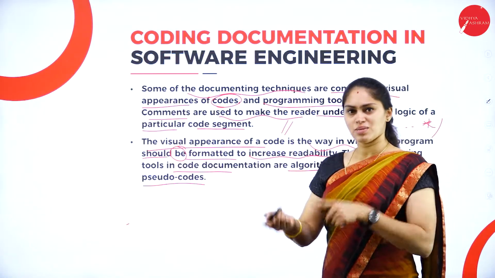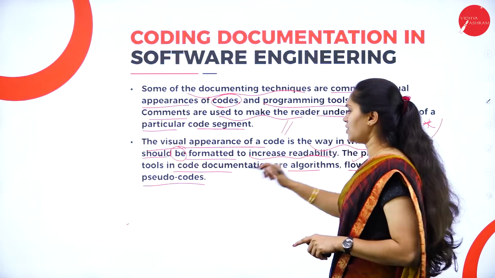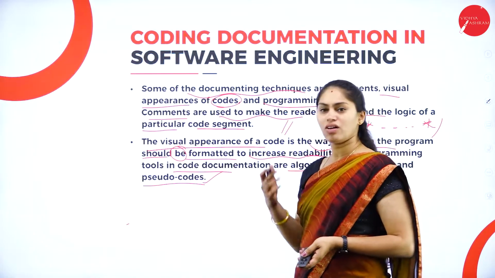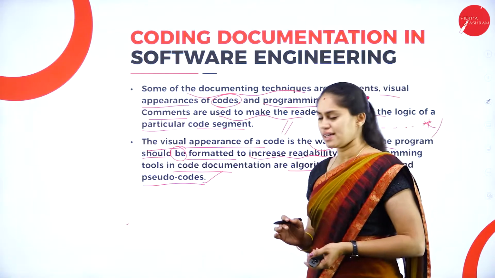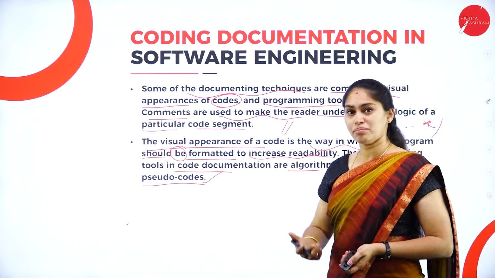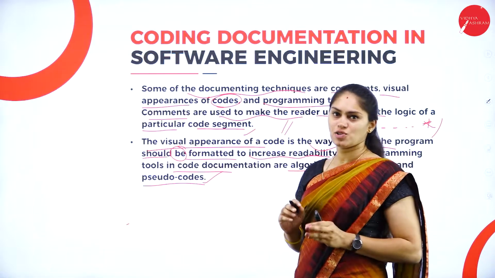That algorithm has been converted into a symbolized form, that is a flowchart. After that we have pseudocode. It will be in English language. It's a mixture of an algorithm as well as normal spoken English. By this methodology, this will improve the visual appearance of code.